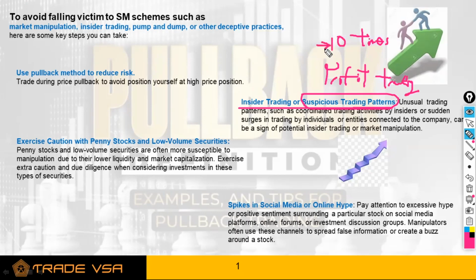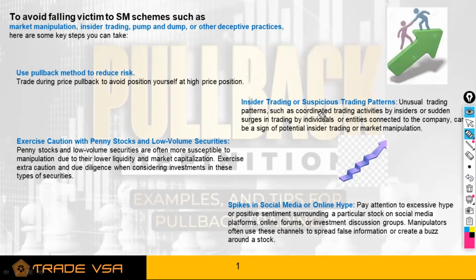You can trade every day, today, tomorrow, the whole month, at any time, but at the end of the day your gains and losses might be almost equal, so you are not moving anywhere. So we will discuss more in this class how you tackle suspicious trading patterns.